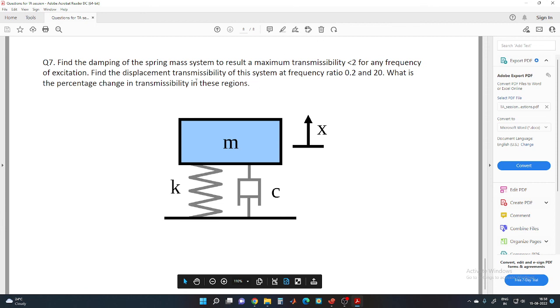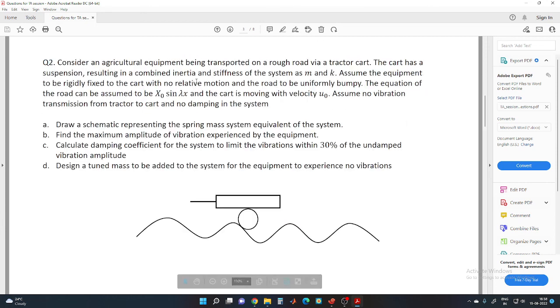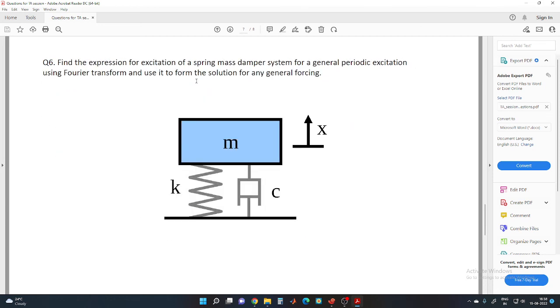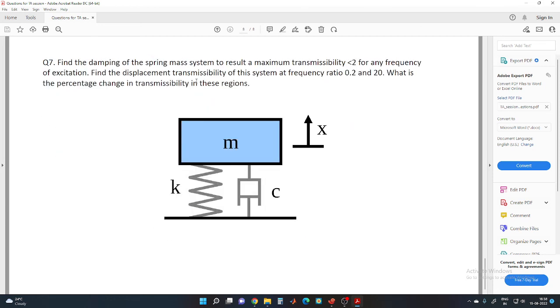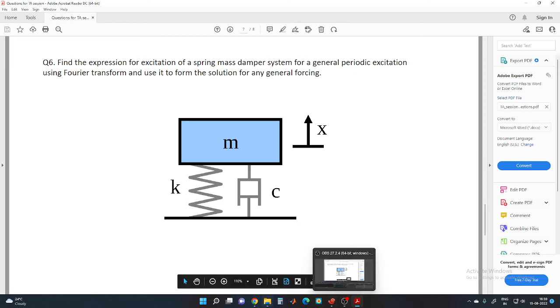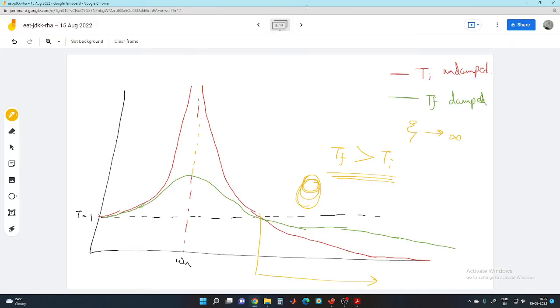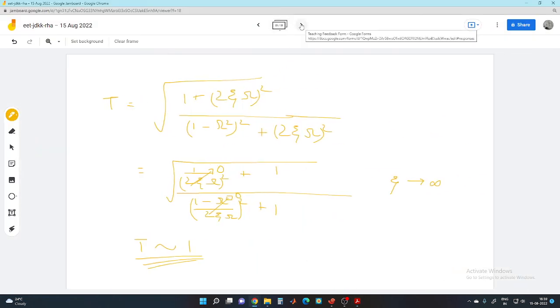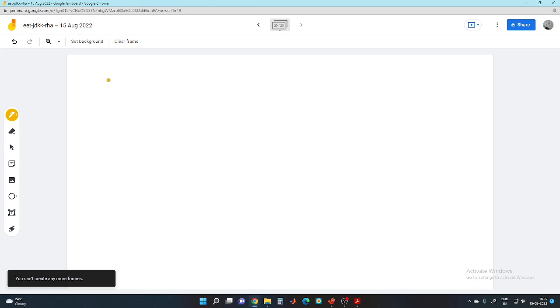Just as a mild exercise, I would suggest you try one of the cases. You remember this question, right? For this periodic excitation, I just want you to try for a rectangular wave.